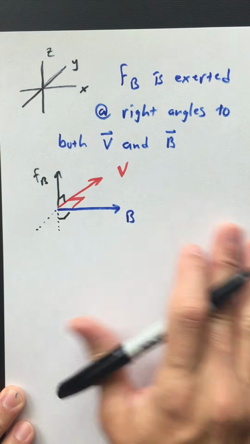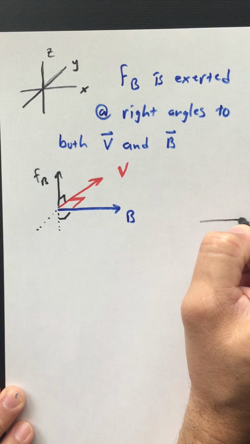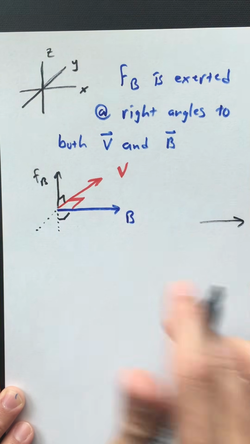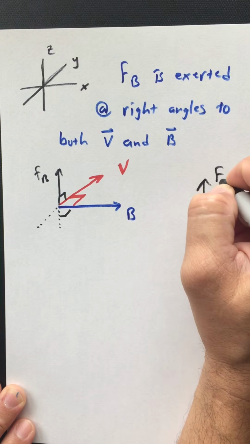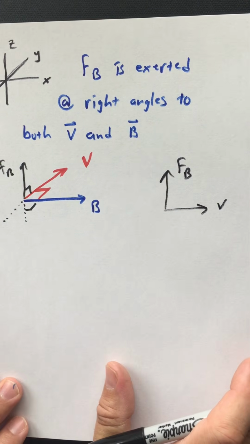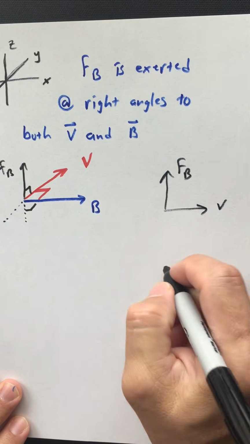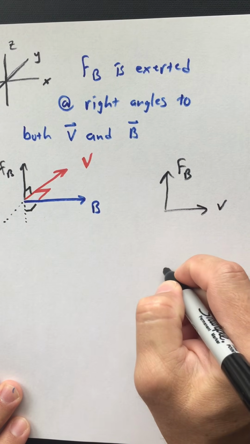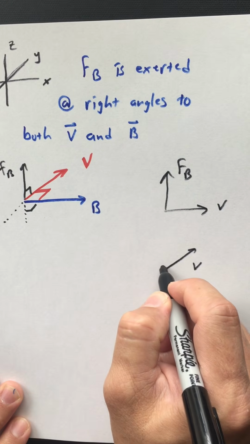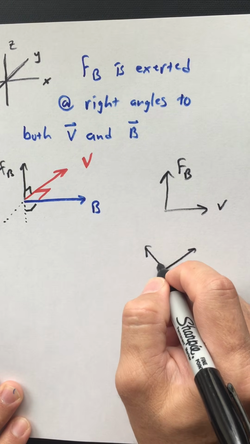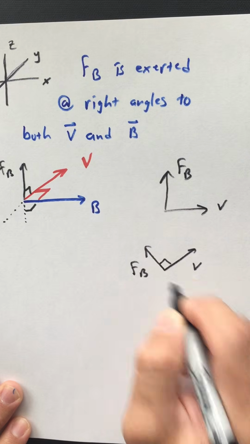We'll go back to looking at the plane of the paper. If the velocity of the particle looks like this, and I'm not going to draw the B field, and I find that the force looks like this, then if the particle turns, maybe later the velocity will look like this, but the force has also turned to maintain its orthogonality.